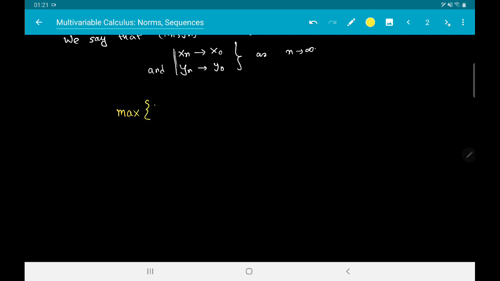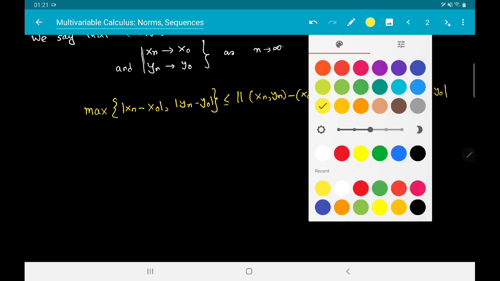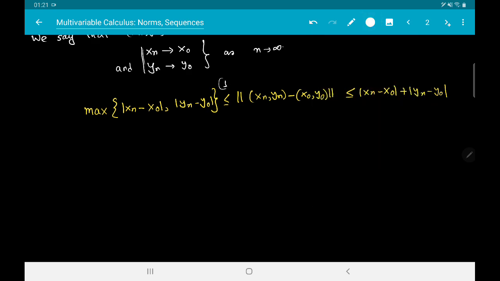The maximum of modulus of xn minus x0 and modulus of yn minus y0 is less than or equal to the norm of (xn, yn) minus (x0, y0), and this is less than or equal to modulus of xn minus x0 plus modulus of yn minus y0. So there are two inequalities here, and let me give a sketch of a proof. I call this inequality 1 and I call this inequality 2.